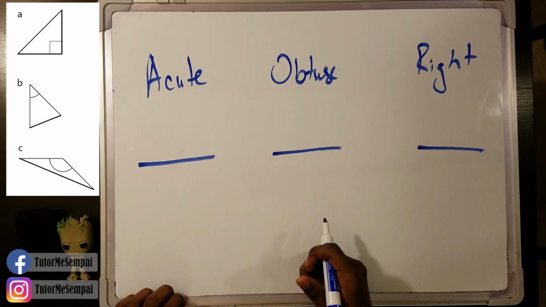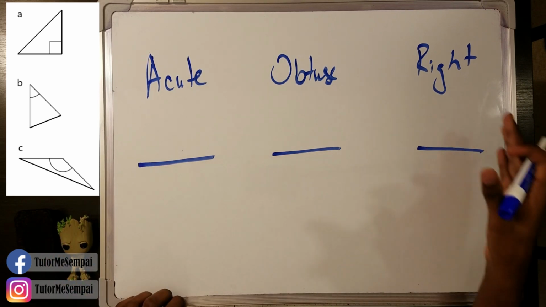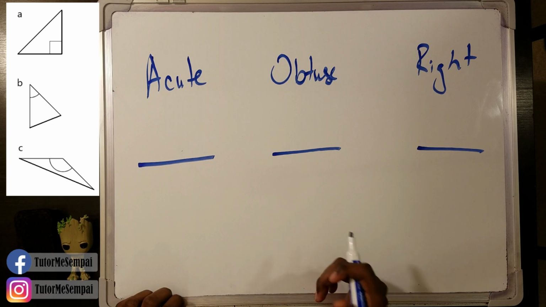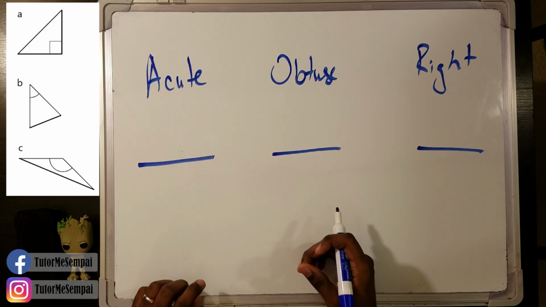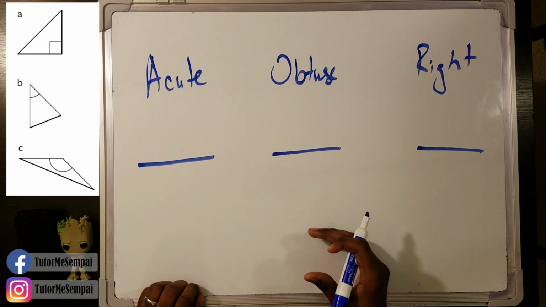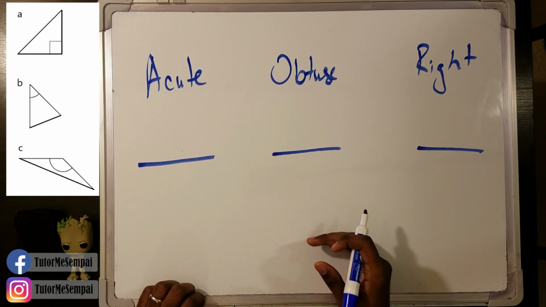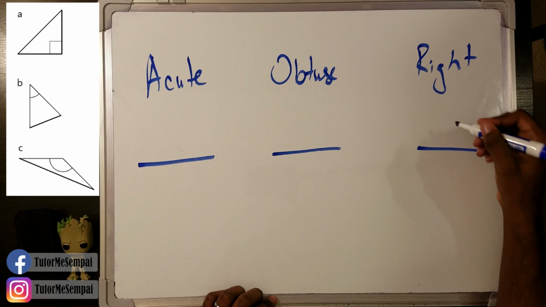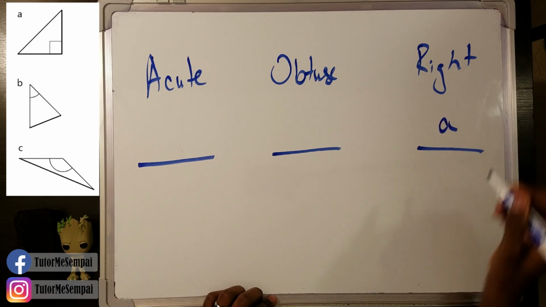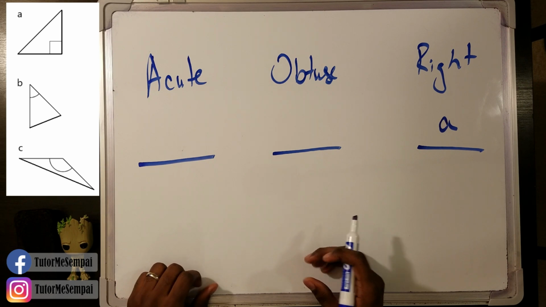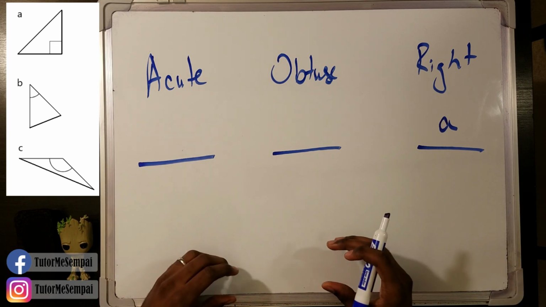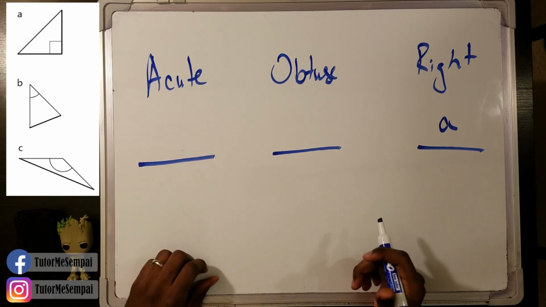So looking at this first triangle, which one does it seem to resemble more? If we're looking at Goldilocks, is it a little cold? Is it overly hot? Or is it just right? It's just right, right? So we're going to say A is for right. How about the second triangle? Does it have small angles making it a cute triangle?